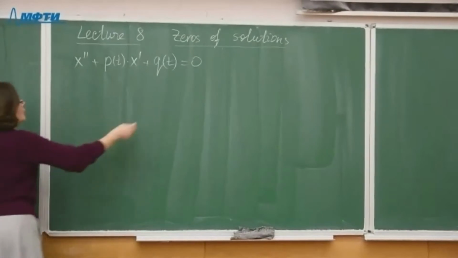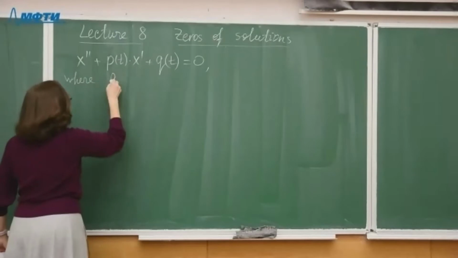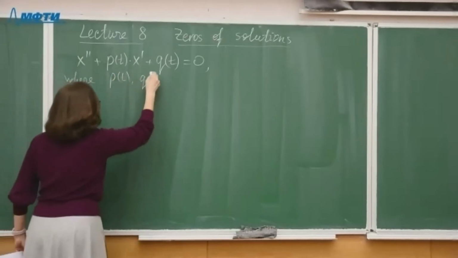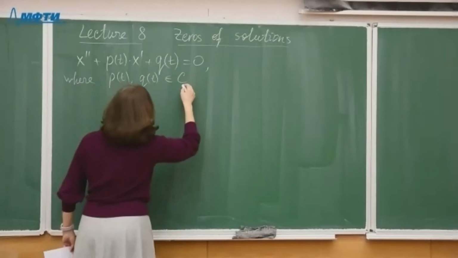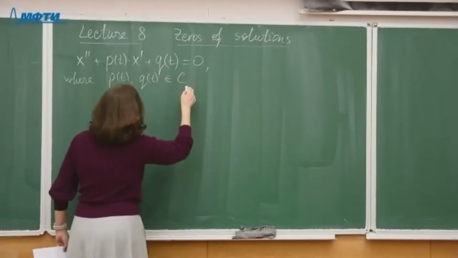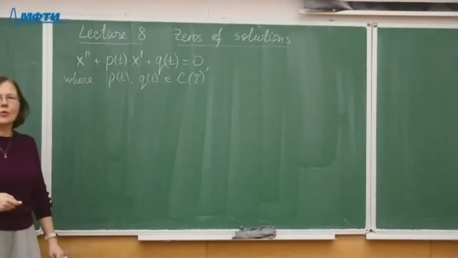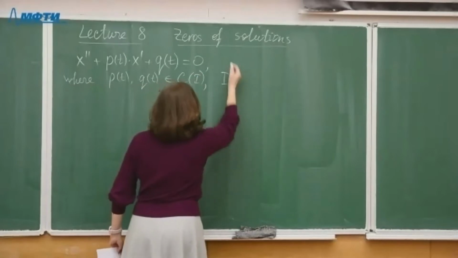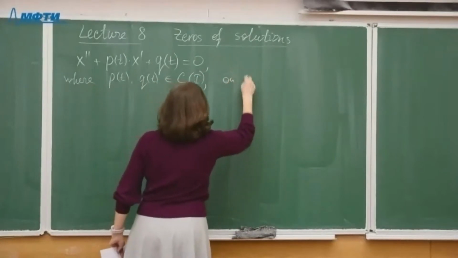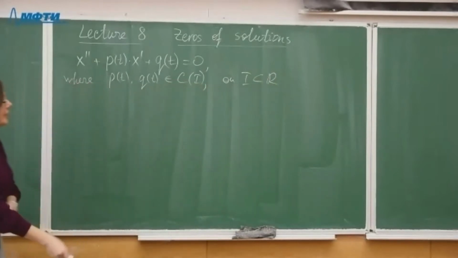Okay, so where p of t and q of t are two continuous functions, and they are defined on some interval I included in R.